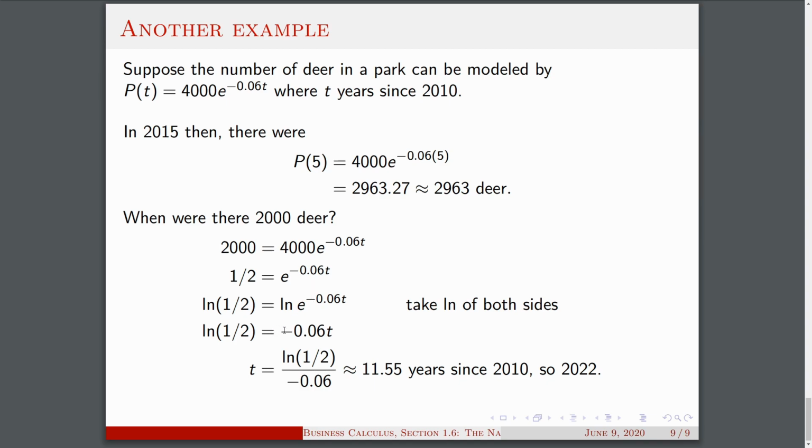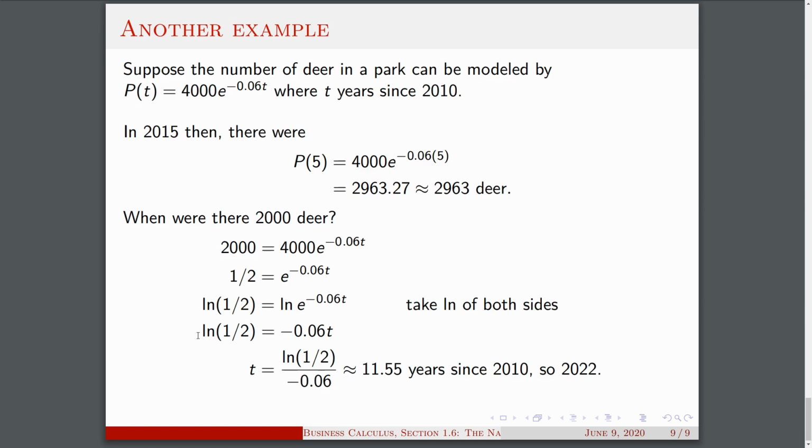Remember that ln of e to the x is x, right? Well, in this case, we have ln of e to the x, where x is negative 0.06t. So this just comes down, negative 0.06t. The ln of e is just 1, so that's all that's left there.